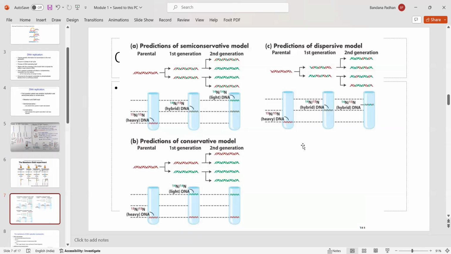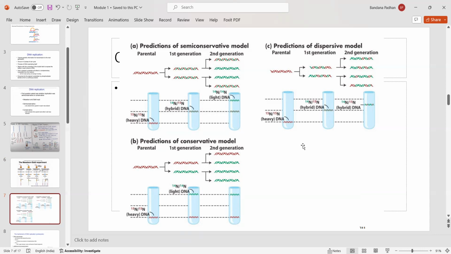So if we analyze the system with the lighter band and heavy band experiment, then the semi-conservative model gives a lighter band and an intermediate band.